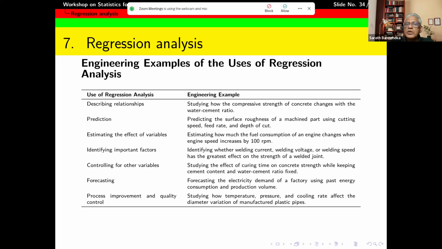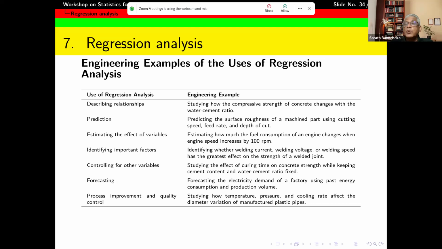And also we use regression to predict future response values for a given set of X values. And also to estimate the effects of explanatory variables on a response variable.